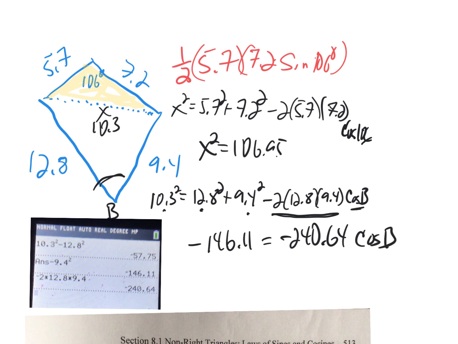So now cosine of angle B is my variable, so I'm going to divide both sides of this equation by the negative 240.64.